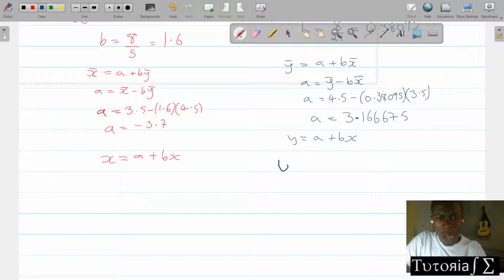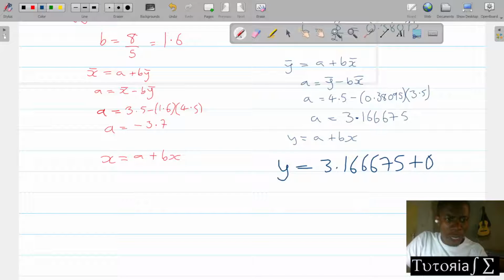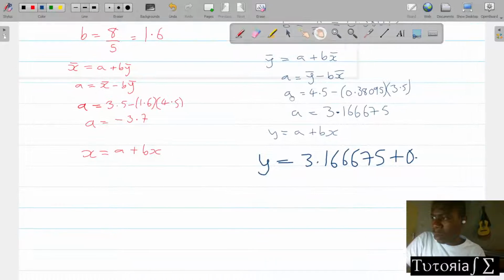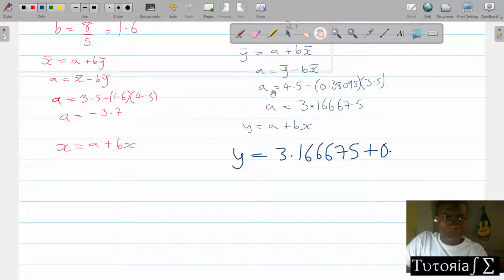So our y on x equation is equal to a, which is 3.16667, plus b, which is 0.38095 x.